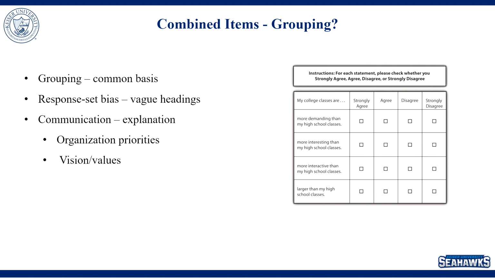Grouping items is also something to consider. Research will show that if you want to address common bias, this common bias of grouping and response set bias, then there's a number of things we can do.